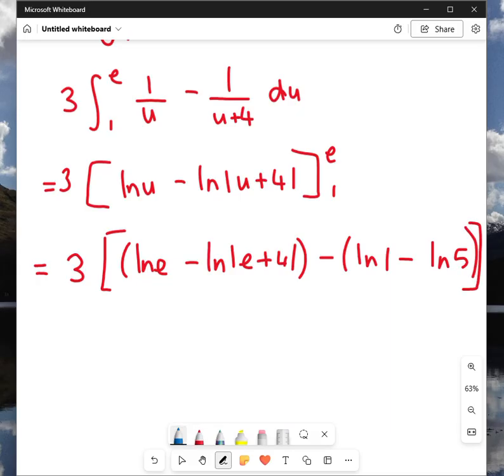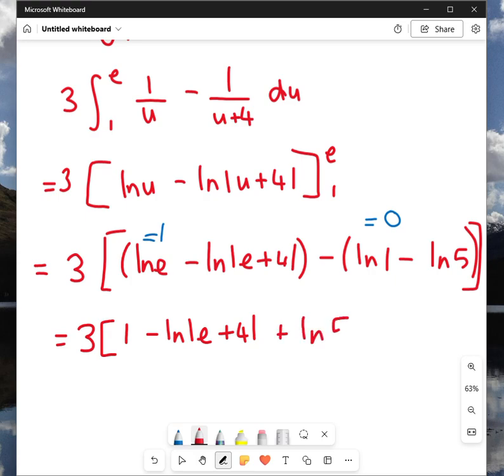So now let's think about what we've got here. Well, log of e would become 1. Log of 1 would become 0. So now we'd be left with 1 minus the log of e plus 4. And then it'll be minus log of 5, so that would be plus log of 5.